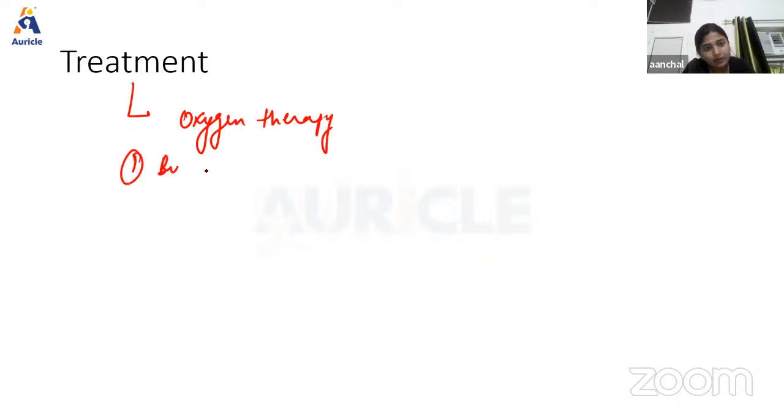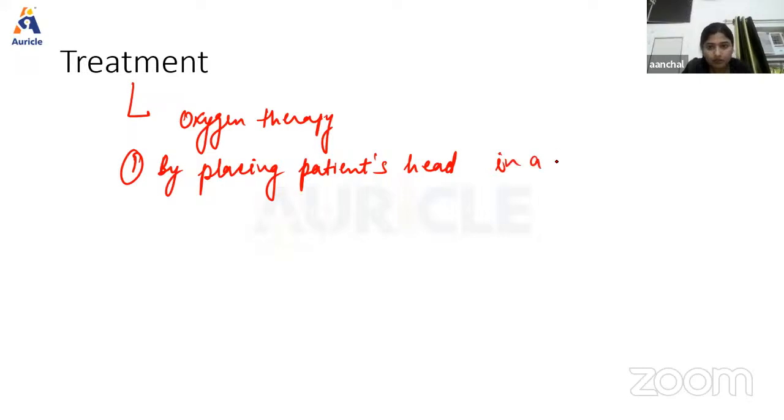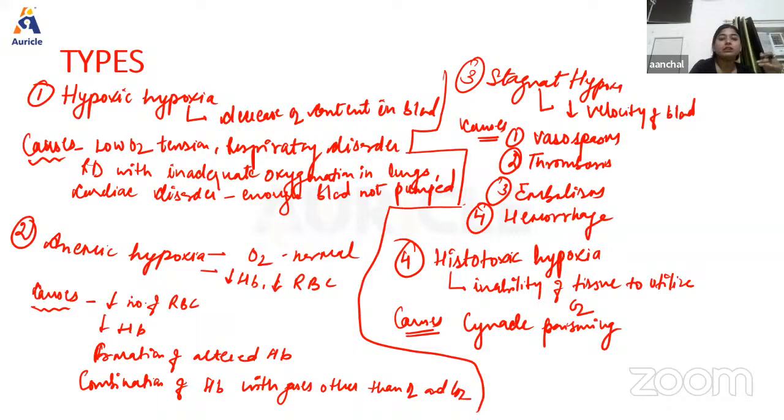By placing the patient's head in a tent containing oxygen. And also if the hypoxia is there due to deficiency of hemoglobin, then in that case blood transfusion can also be given. Okay, so this is all about hypoxia.